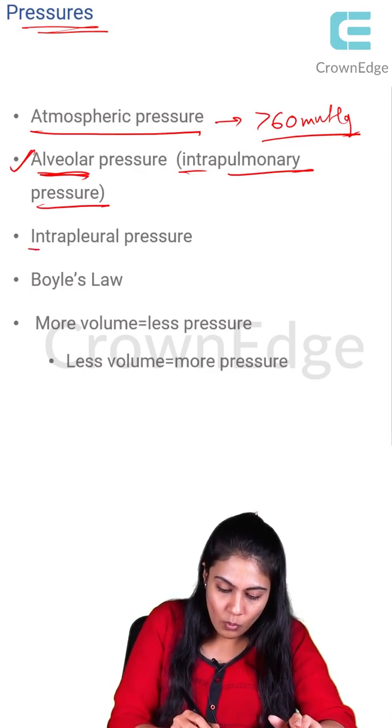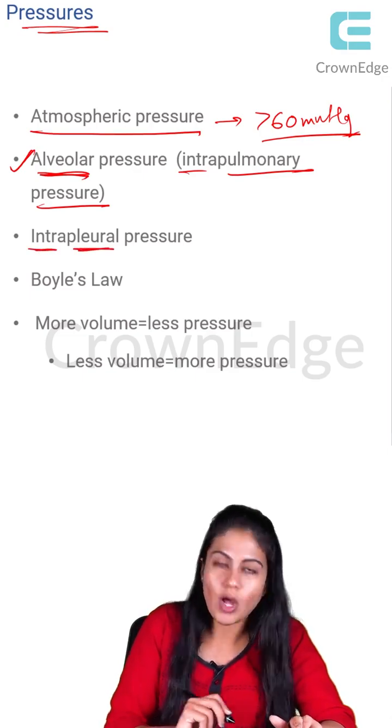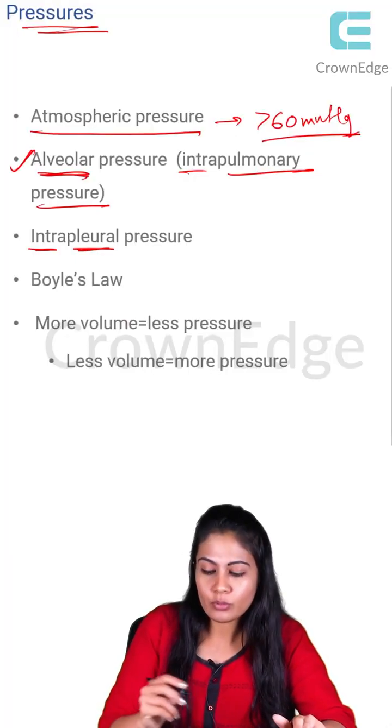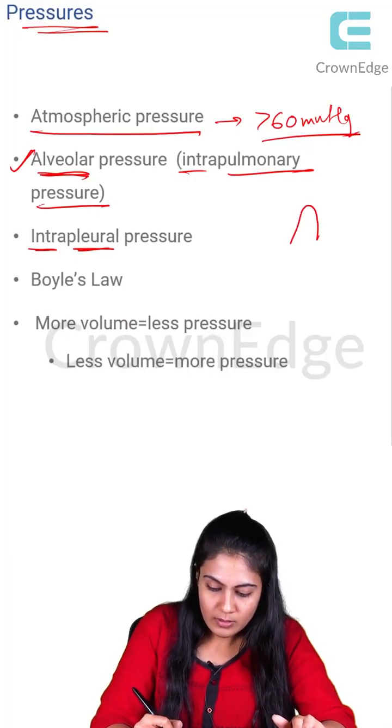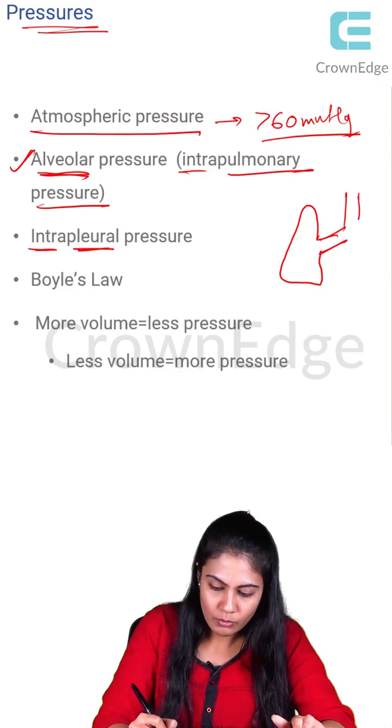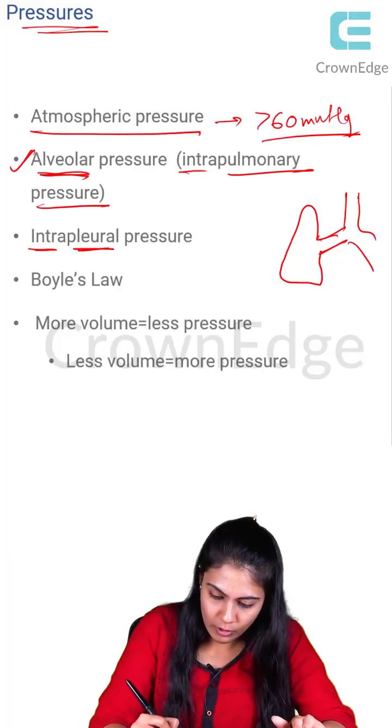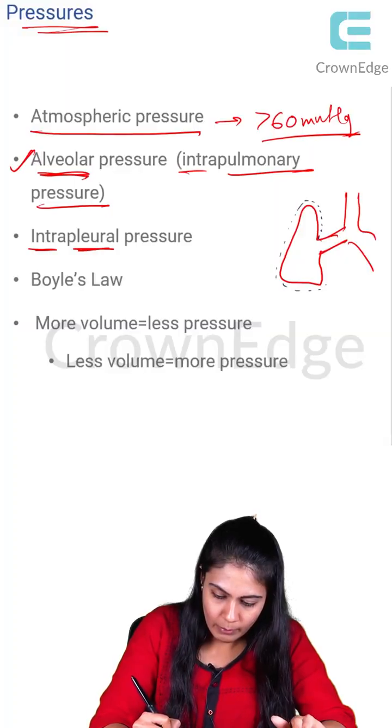Then there is one other term known as intrapleural pressure. Suppose this is the lung, and this is the hilus, through which the bronchi enter into the lung. This lung is not alone, it is covered by a layer of pleura. But it is not only one pleura, there are two pleurae.